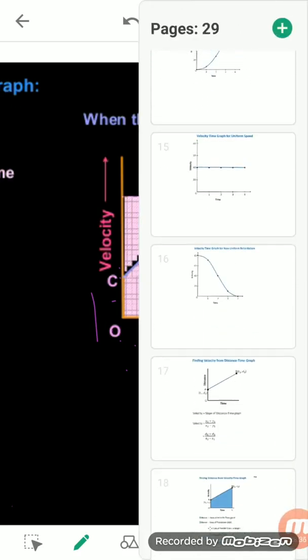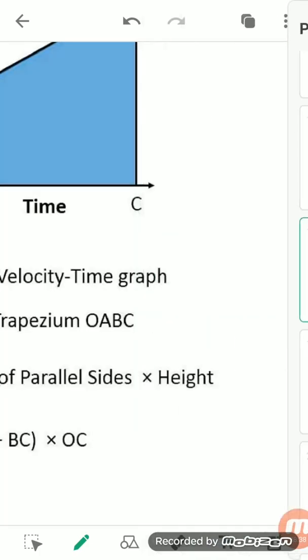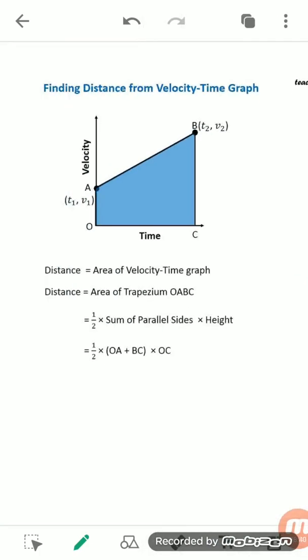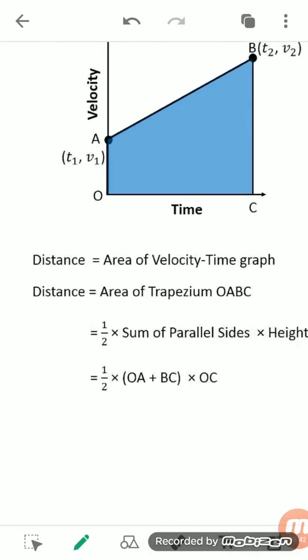Now see here, we can see the summary of this. You can see here the area of the velocity time graph is also equal to the area of the trapezium OABC, and this is equal to half into the sum of the parallel sides into height.